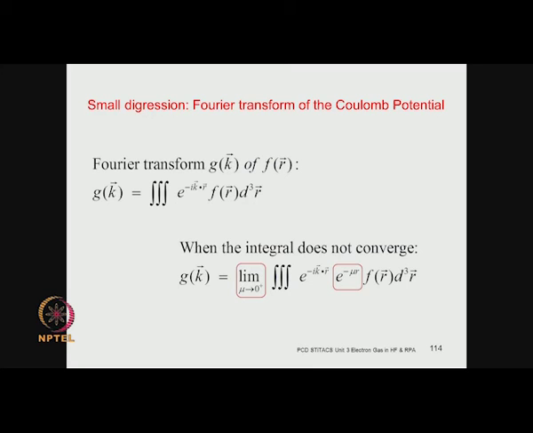So when this integral does not converge, as it doesn't in the case of the Coulomb interaction, you can evaluate this in terms of a mathematical device. Introduce this e to the minus mu r and then take the limit mu going to 0. So the Fourier transforms work quite all right using this technique.